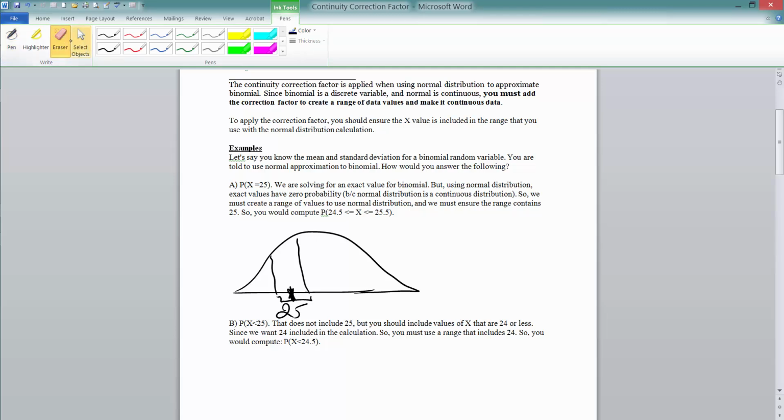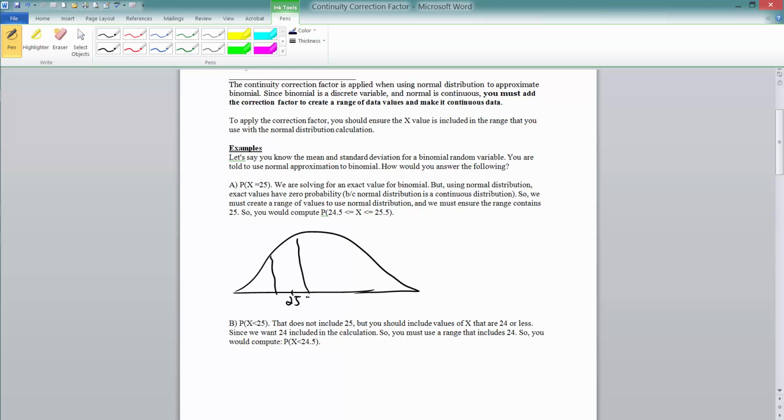Now, in general, in the discipline of statistics, if this is 25, you add a continuity correction factor, or you subtract a continuity correction factor. In this case, you would have to do both.